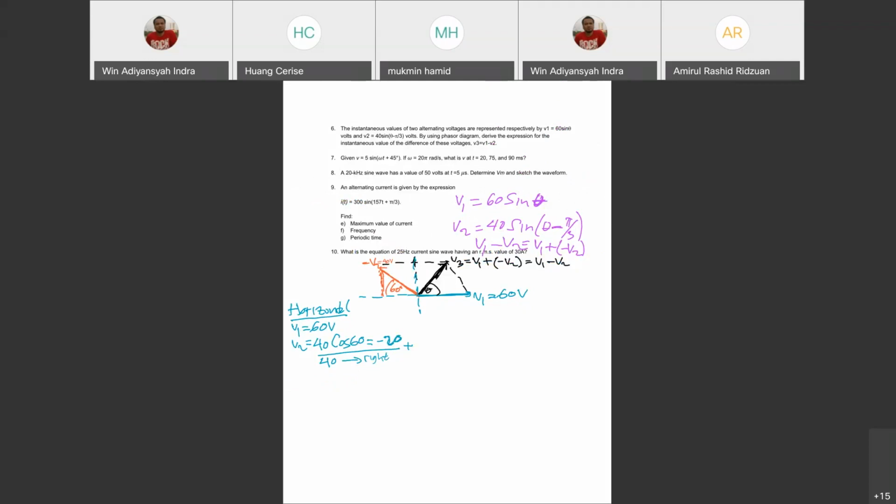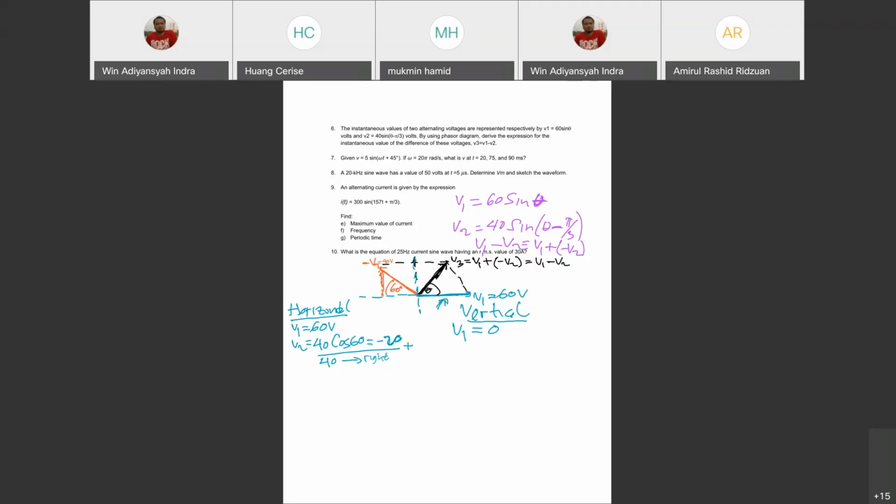Now about the vertical component. V1 is 0. Why is it 0? Look, this V1 is the blue one here.